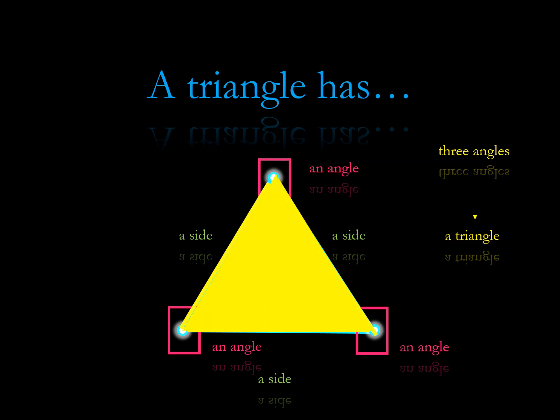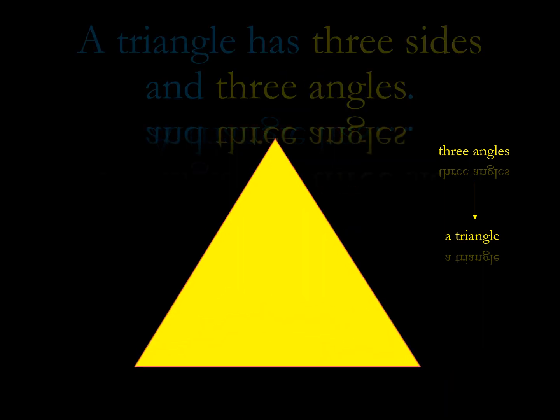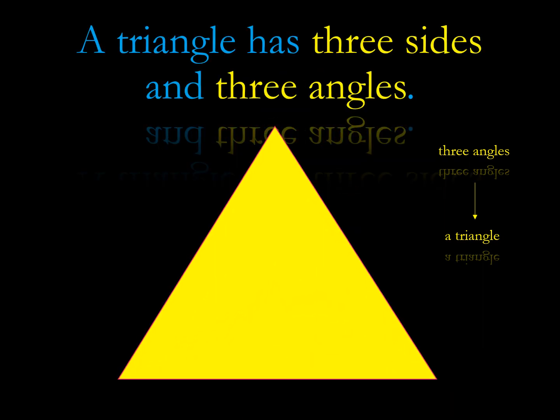It's a closed shape. We had 3 lines and 3 points, and when we closed it, we made angles and sides. And that's how we made our triangle. Let's move on to something else.